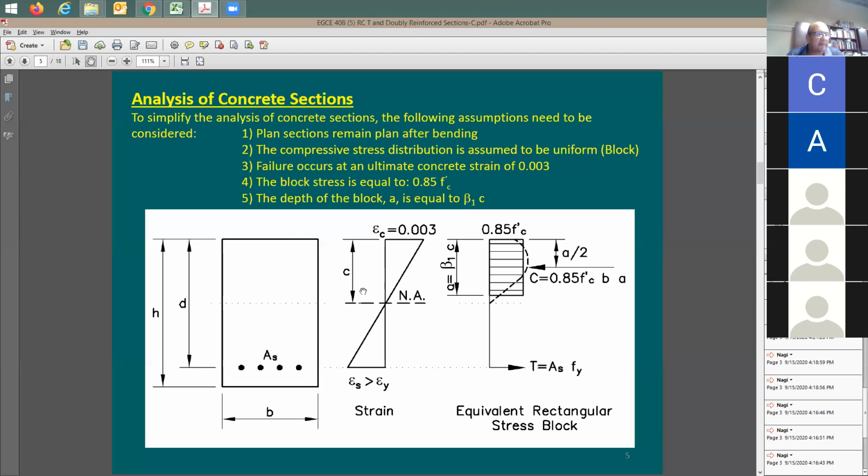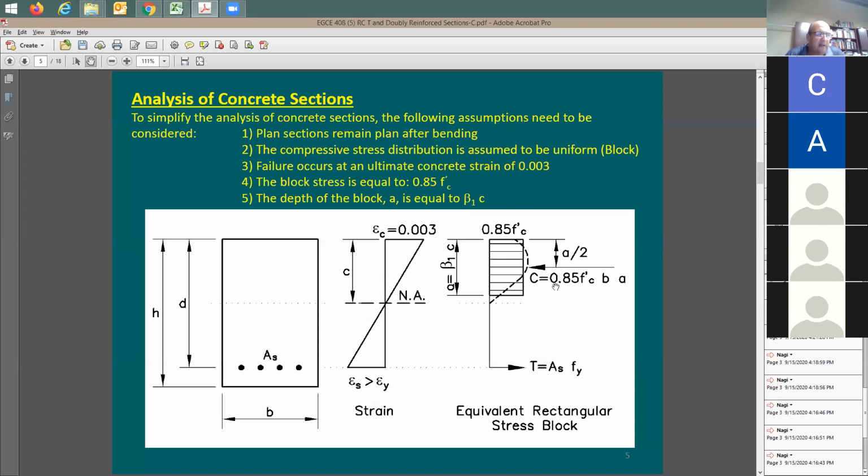Neutral axis depth is going to be equal to c, lowercase. Usually we assume that the strain in the steel is going to be larger than the yield strain. And therefore, the tension in the steel is going to be equal to the cross-section area of all the rebars multiplied by the yield strength of the steel, which is usually 60 ksi.